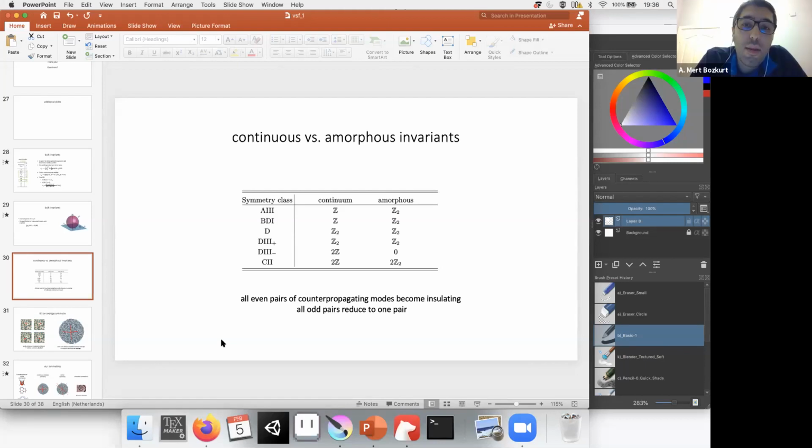So what you mean is that continuous rotation symmetry can be broken, and it doesn't matter as long as the mirror symmetry is there for a given edge? Yes. For a given edge. Yeah, okay, I see. That makes sense. Yeah, thanks.